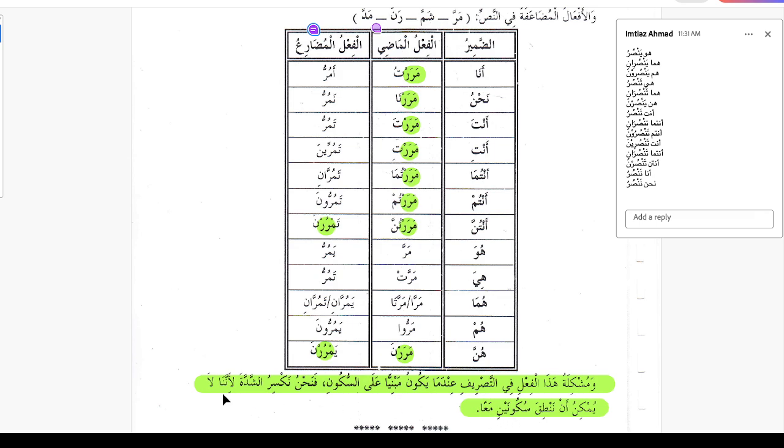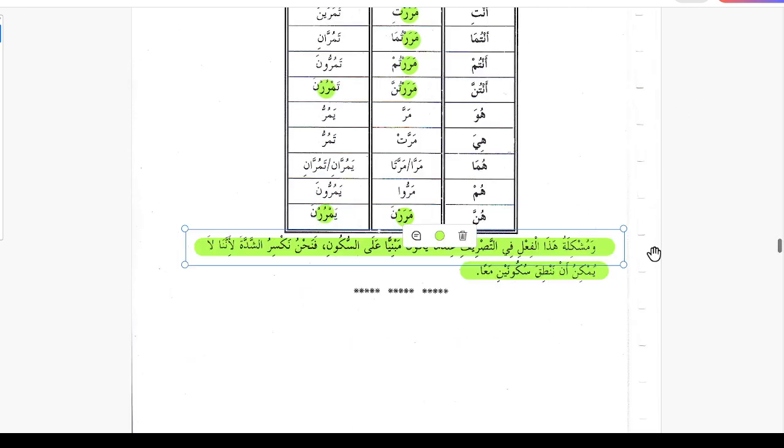One letter with shadda is actually two letters. So when you put sukoon, because it's mabni ala sukoon, you can't pronounce. In Arabic you can't pronounce two letters that have sukoon side by side. So that is why the shadda is broken. That is the only difference here.